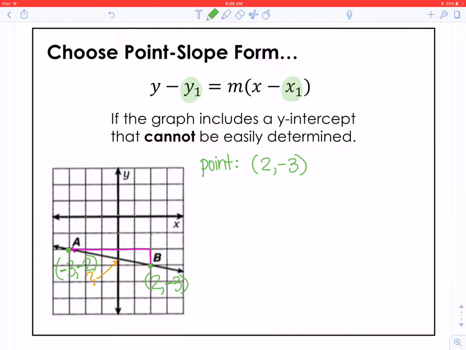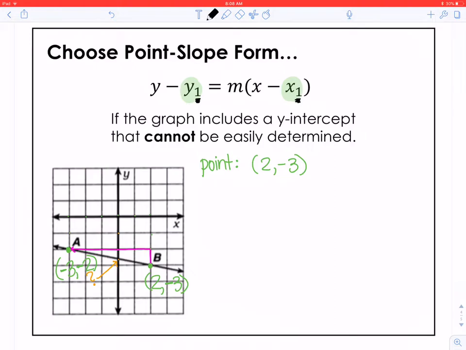Now, the other thing that we need to keep in mind is that when we're writing equations, x and y stay as x and y. And so that's part of why we have this little subscript of 1, so that you know that's not what's staying as a letter. That's where you're going to substitute in a number.